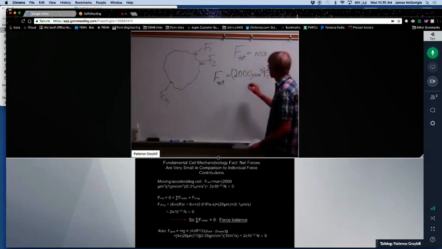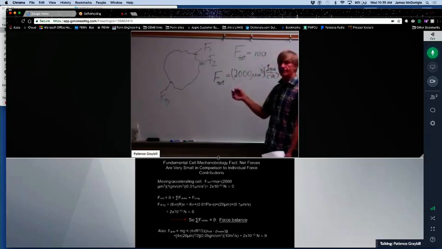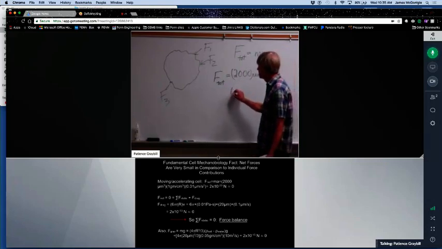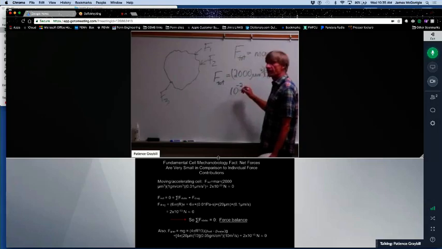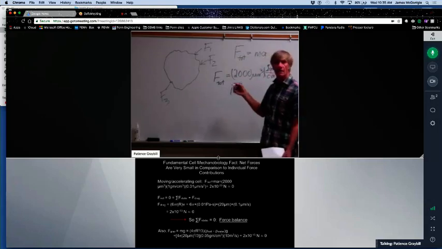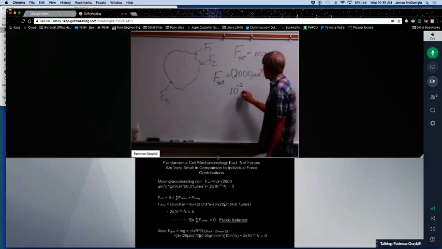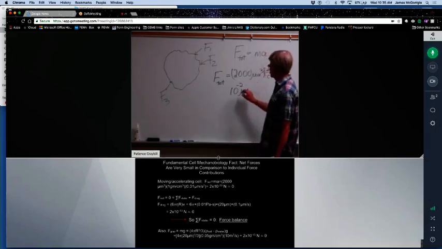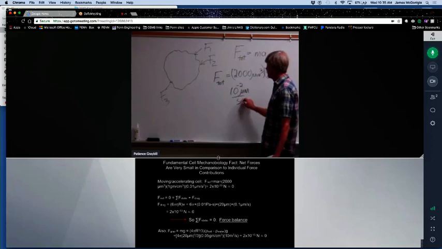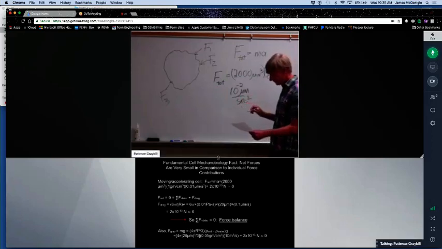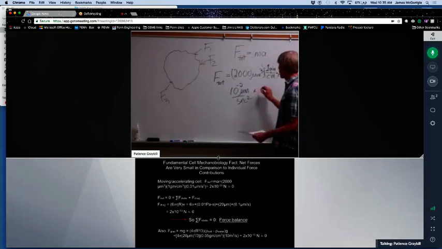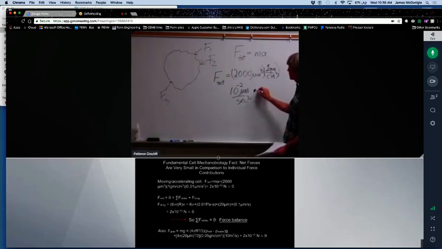And then times, what's the acceleration of a cell? A cell might accelerate at a very small rate. It's moving at like a rate of some hundredths of a micron per second. So the acceleration might be 100th of a micron per second squared. So that would be all the pieces.